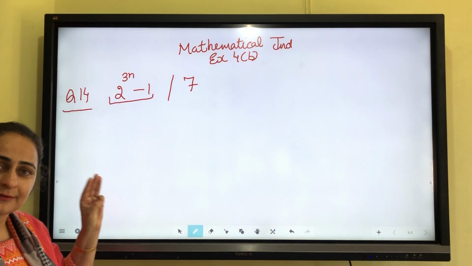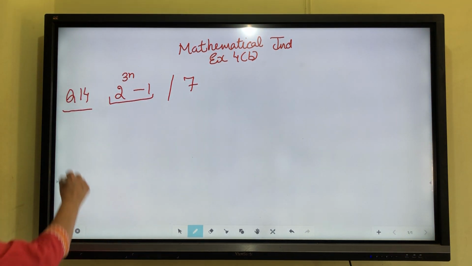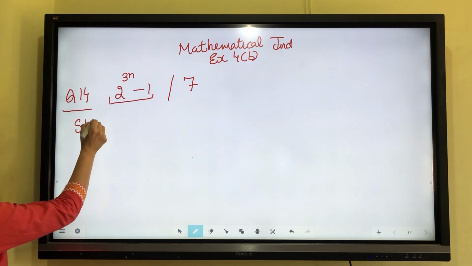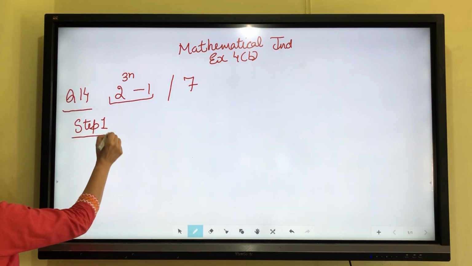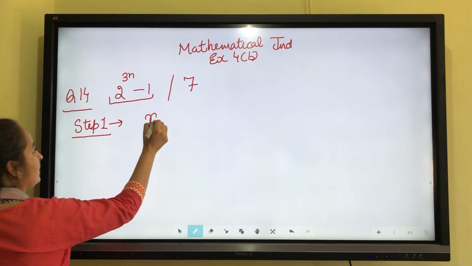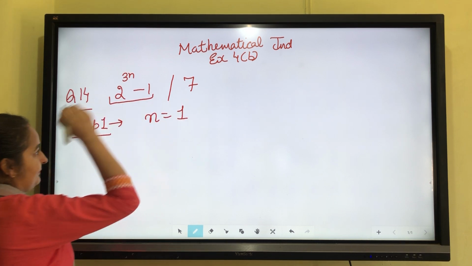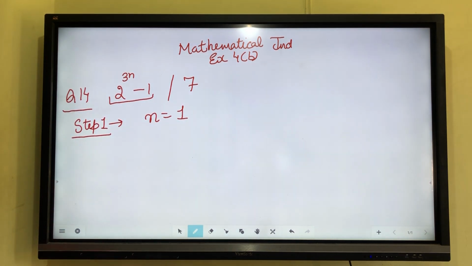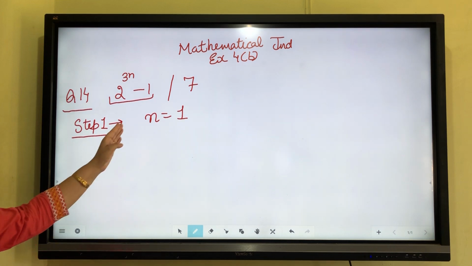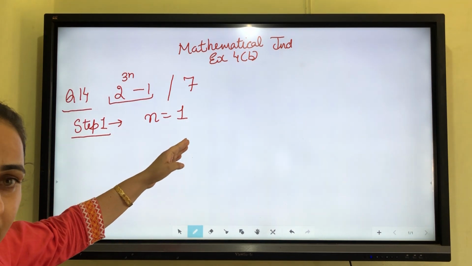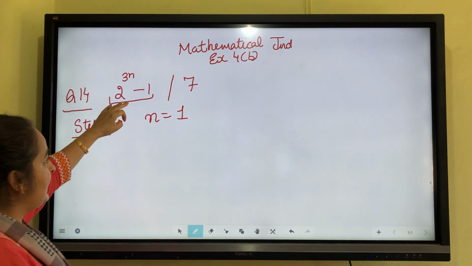Again there are three cases. The first case, that is step number 1, you all know. What's step number 1? Put n is equal to 1. Now you will check, after putting the value of n equal to 1, we get a number here.